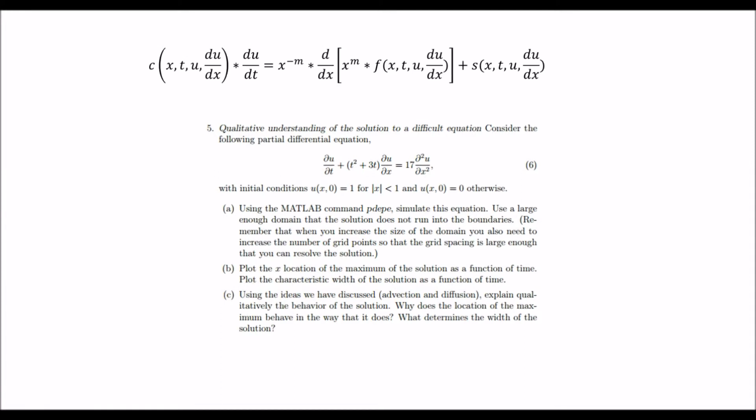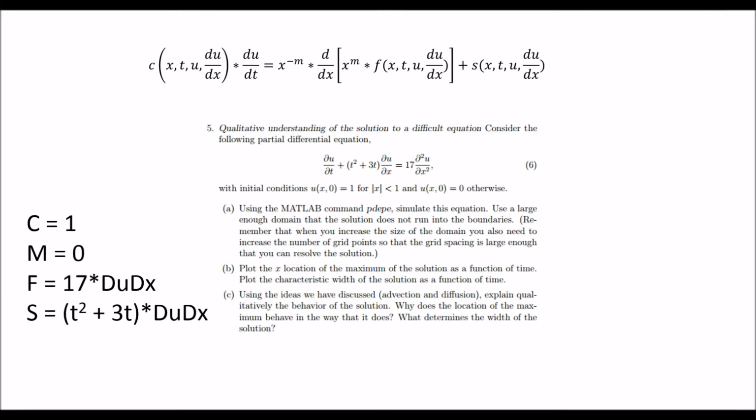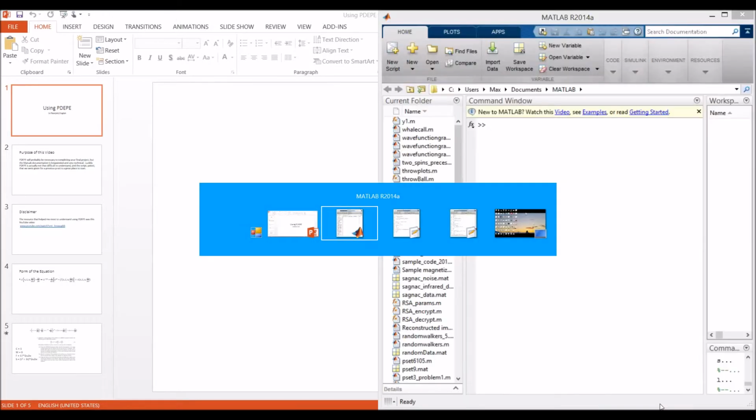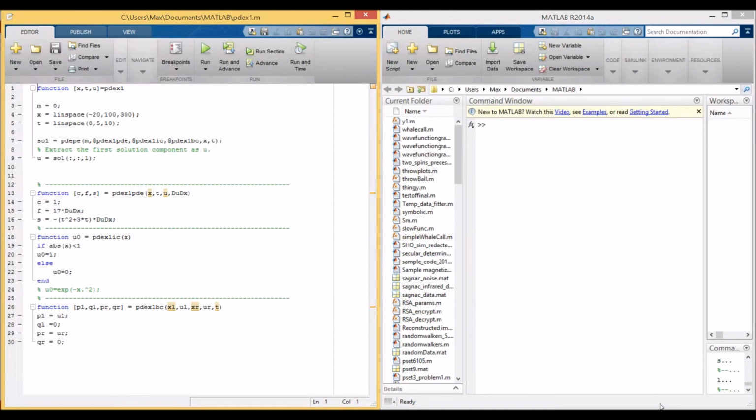So remember that we're looking for rewriting this equation in this form, and that gives us our parameters: c equals 1, m equals 0, f equals 17 times du dx, which is how PDEPE expresses the first partial derivative with respect to x, and s is t squared plus 3t times du dx again. So with that, we will move on to MATLAB.